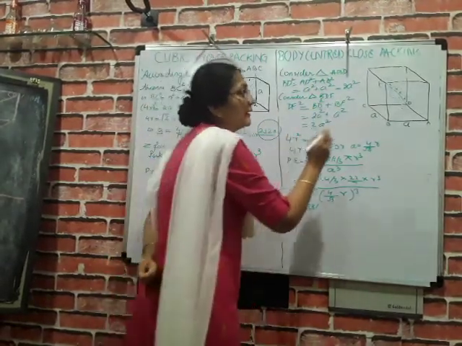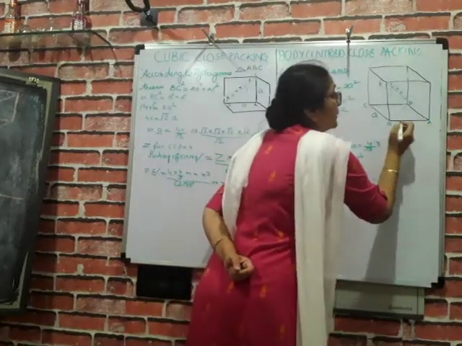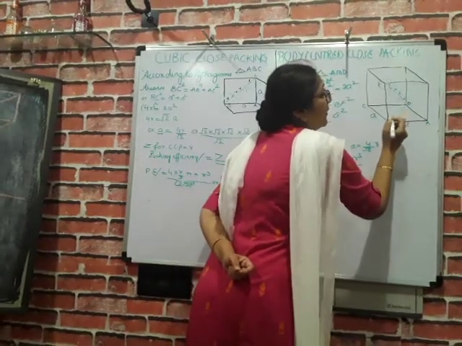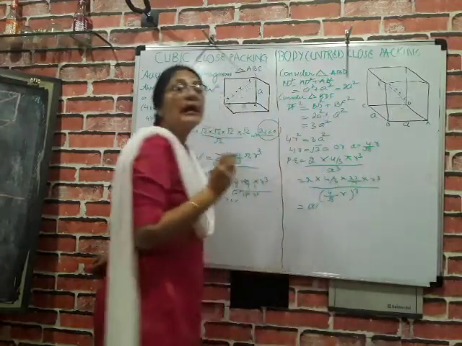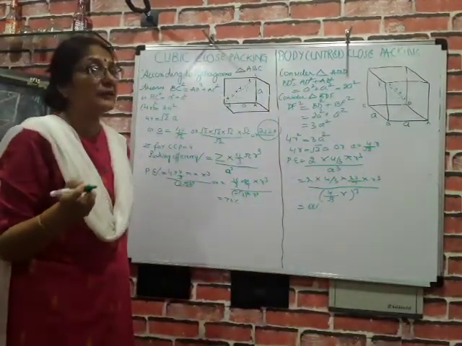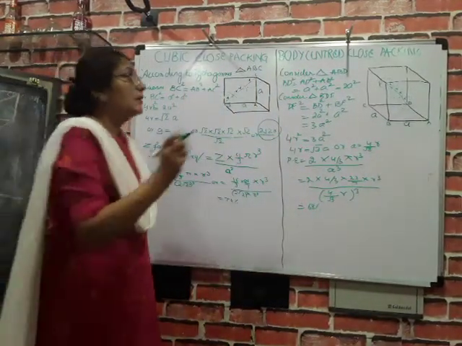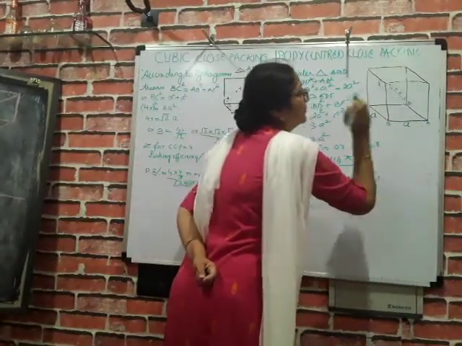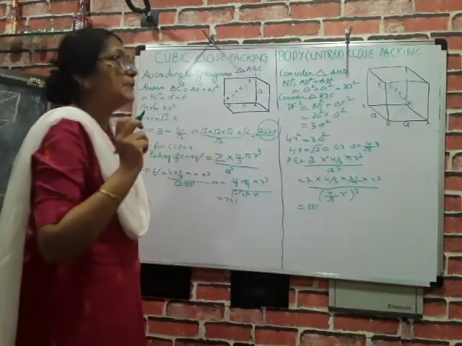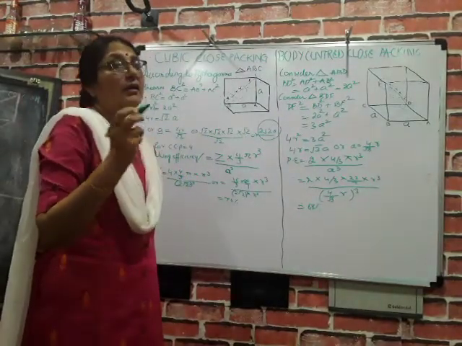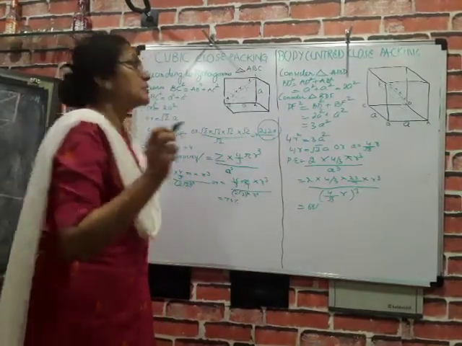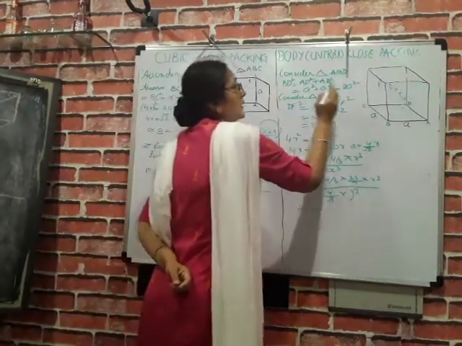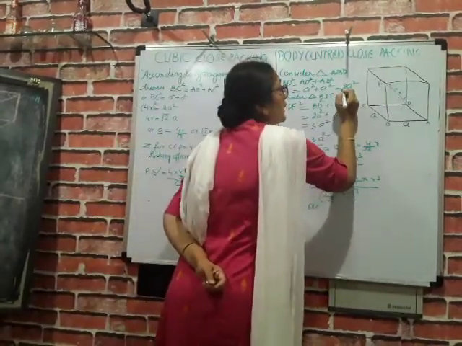If you look here, in triangle ABD, BD square is the hypotenuse and according to Pythagoras theorem, BD square will be equal to AD square plus AB square, and they both are edge lengths. Therefore, BD square equals 2A square.